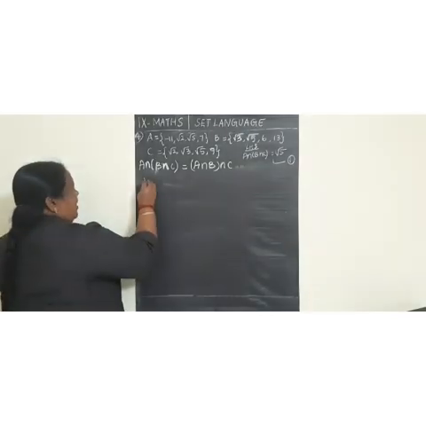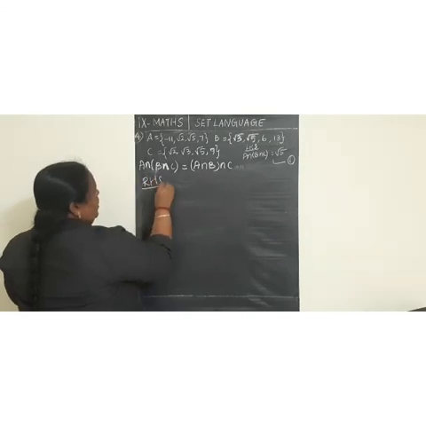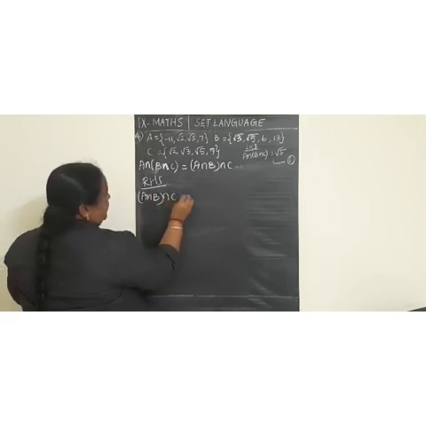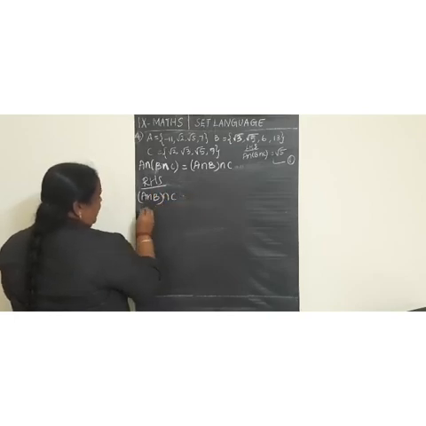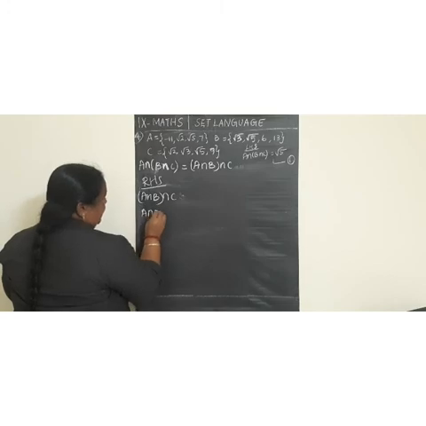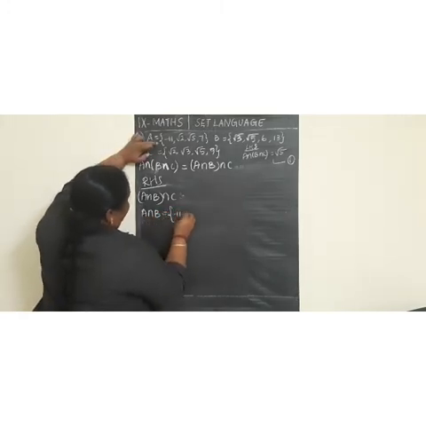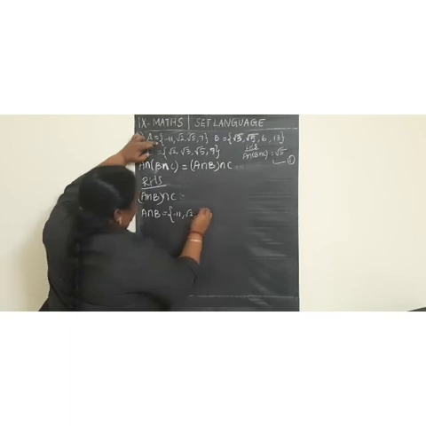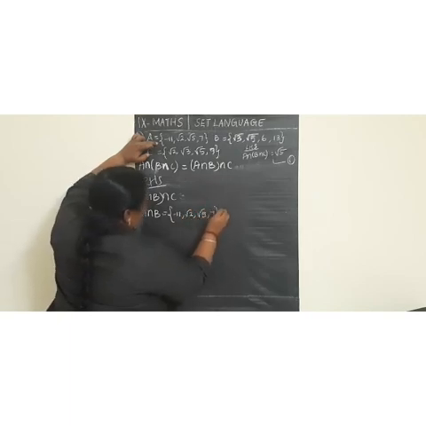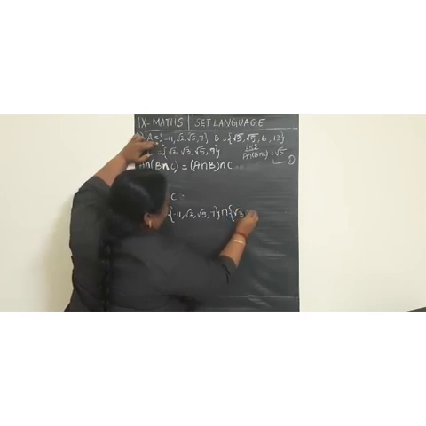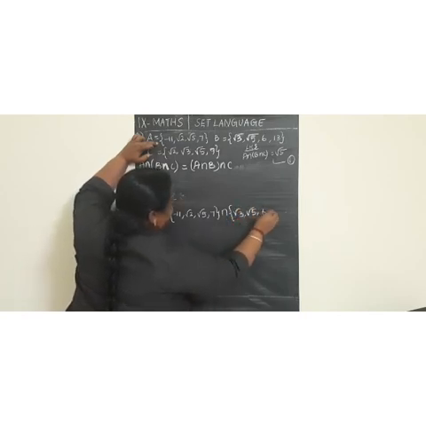Next the RHS. RHS is equal to (A ∩ B) ∩ C. First we find A ∩ B. A is {-11, √2, √5, 7}, intersection B, which is {√3, √5, 6, 13}.